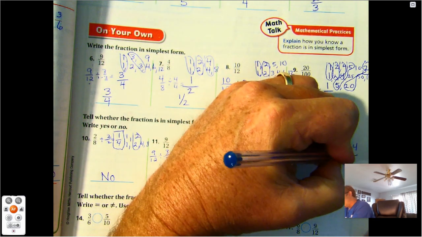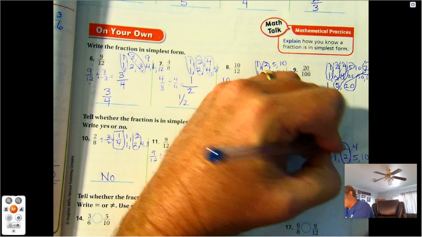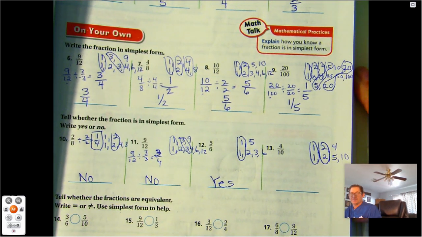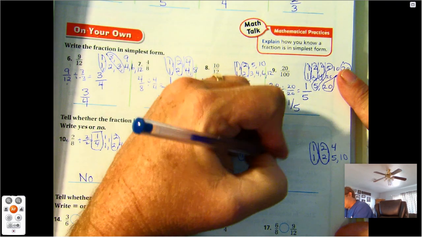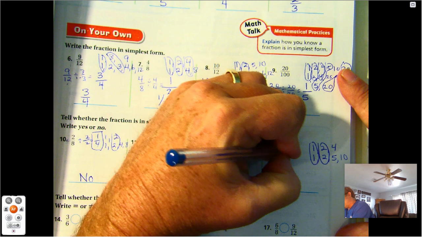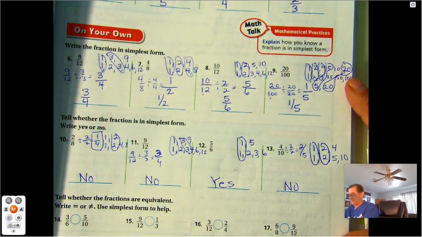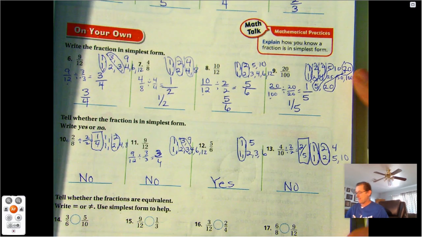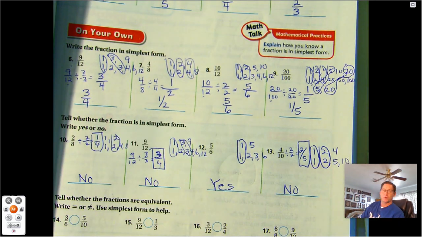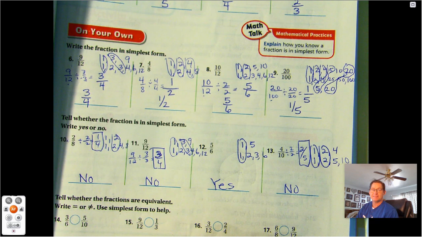We see that 1 and 2 are in common to 4 and the 10. So this is not in simplest form because I can divide by 2. 2/5 is its simplest form. So the only one that was in simplest form is 5/6. It was the only one that could only be divided by 1.